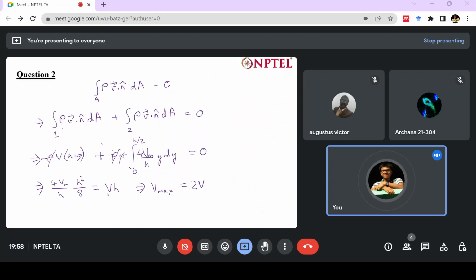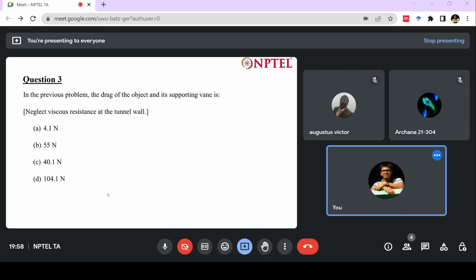Let's move to the next question. This next question is referring to the previous problem itself. So we'll draw the previous figure.